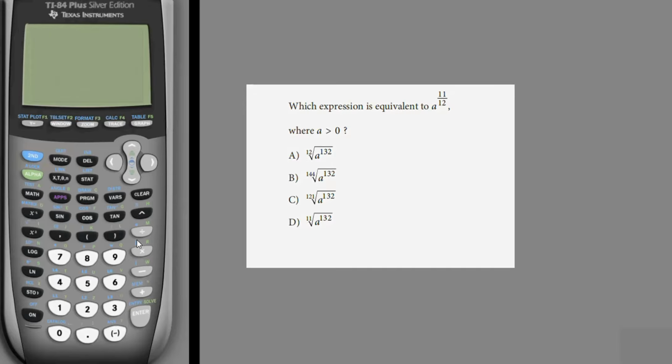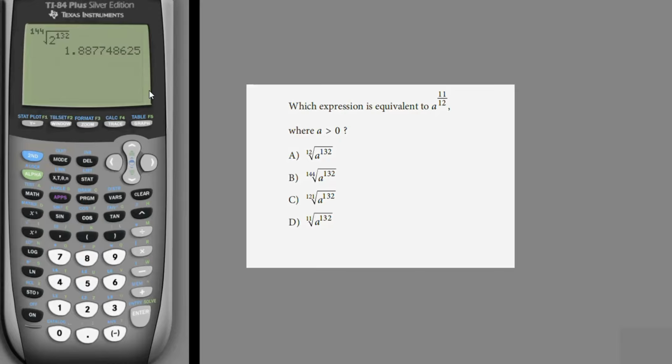Okay, let's check option B. Go back to math, scroll down, it's option 5. Remove this answer and replace it with 144. Then in the bracket we have 2 to the power 132. Let's see if we're going to have 1.88. If we get it, that will be the answer. Press enter. 1.88 is that. So the right answer to this question is option B.